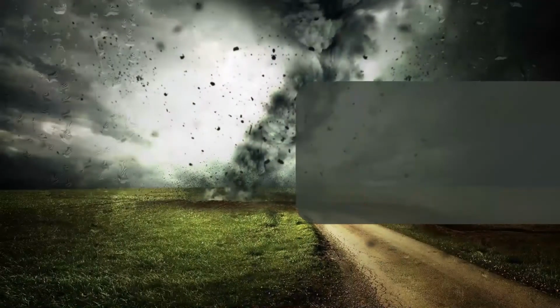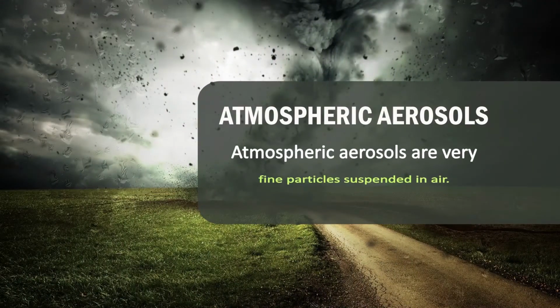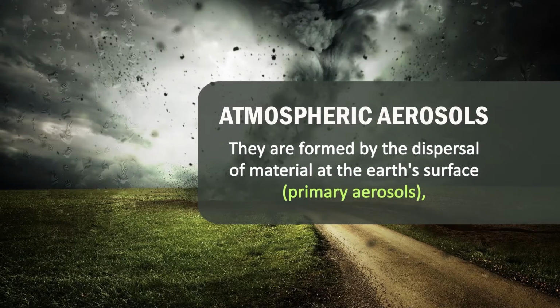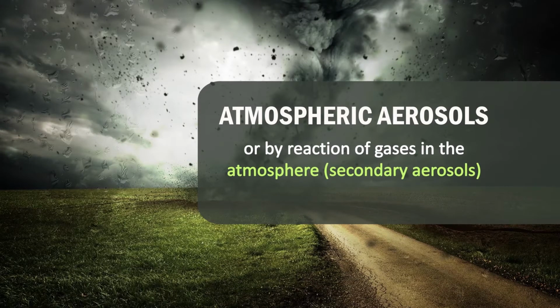See, these atmospheric aerosols are very fine particles suspended in the air. They are formed by the dispersal of material at the Earth's surface, which are basically called primary aerosols, or by the reaction of gases in the atmosphere, which we call secondary aerosols.